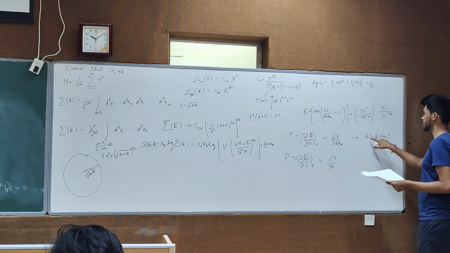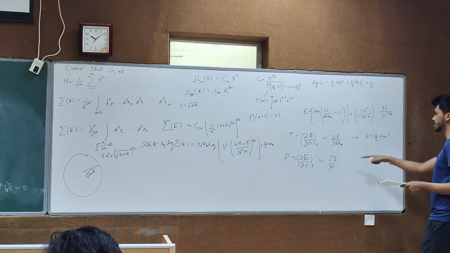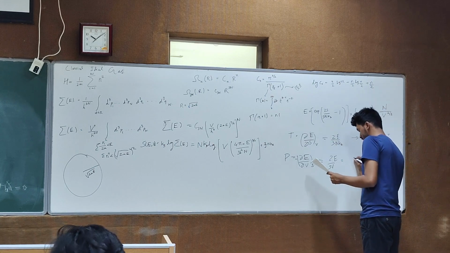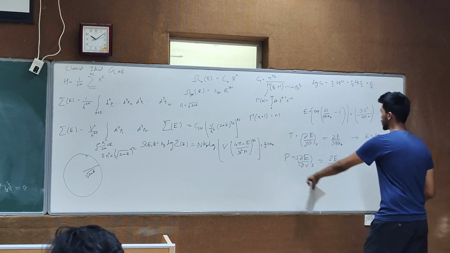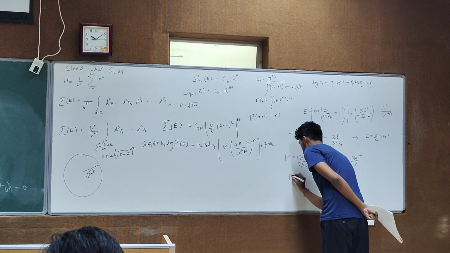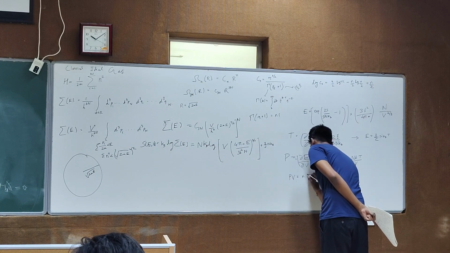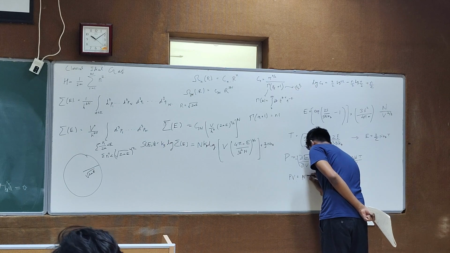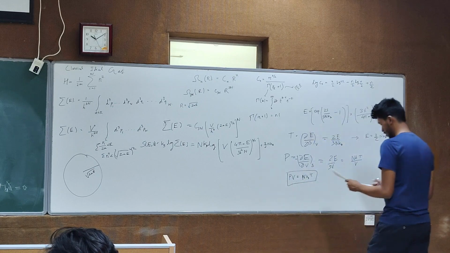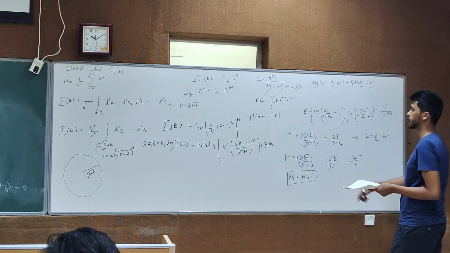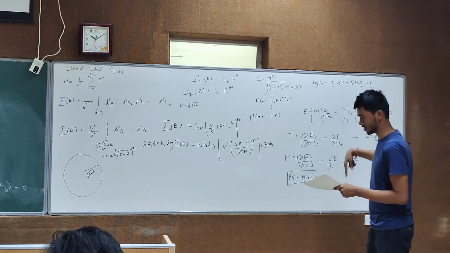And if you substitute E from here to here, you basically get this as n kT by V. So this is your equation of state, the ideal gas law. So you have got the equation of state of an ideal gas from this counting thing.